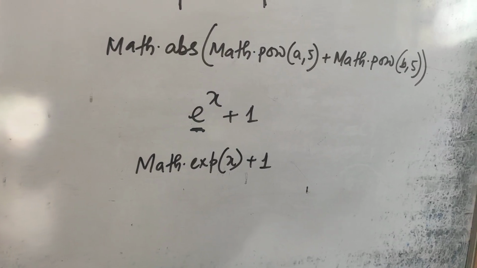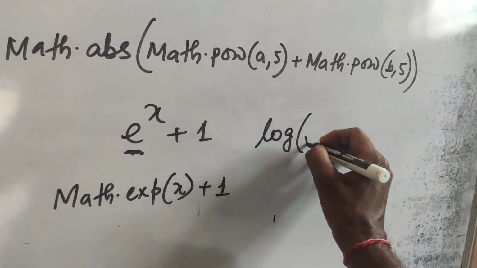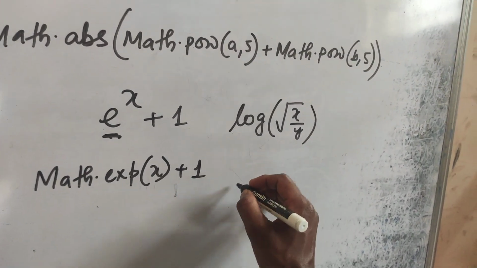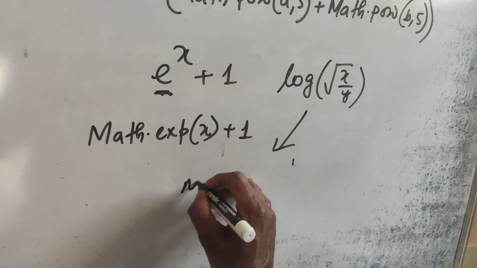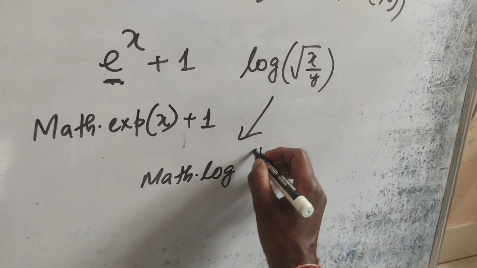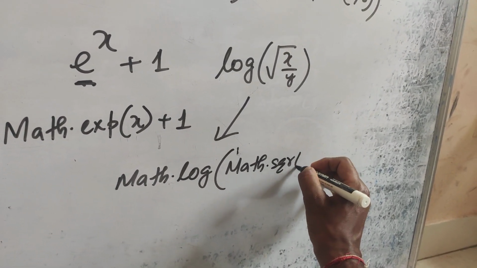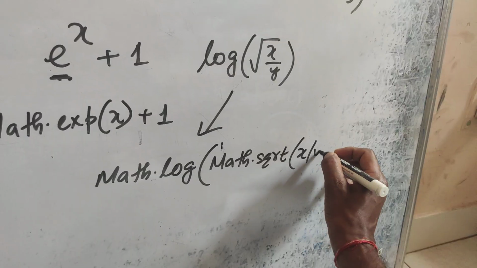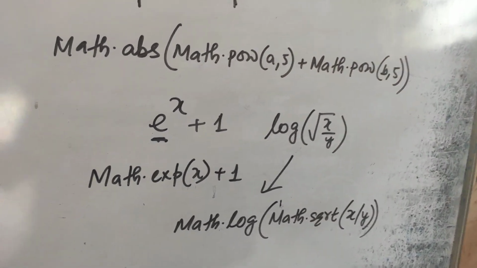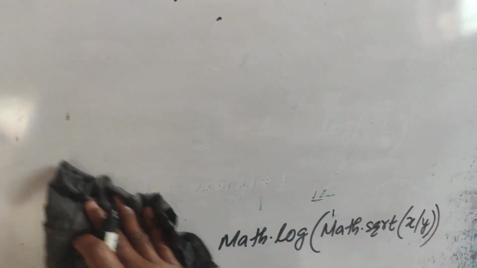Sometimes, if you have log of square root of x by y, then you need to write math.log of math.sqrt of x by y. Okay, like that you need to write.